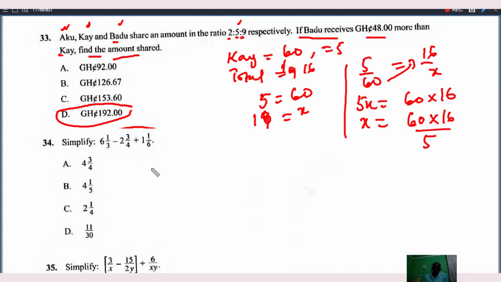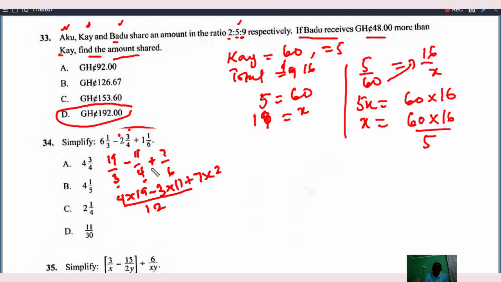So we can break this into improper, which will be 19 over 3 minus 4 times 2 will give us 8 plus 3, 11 over 4 plus this will be 6 plus 1, 7 over 6. So LCM will give us 3, 4, 6, 12. So 3 goes here to be 4 times 19 minus 3 times 11 plus 7 times 2.